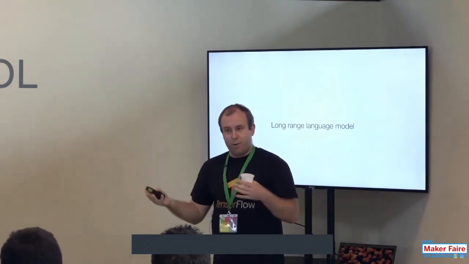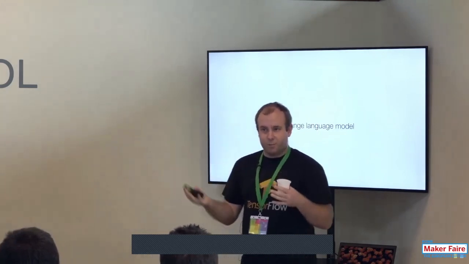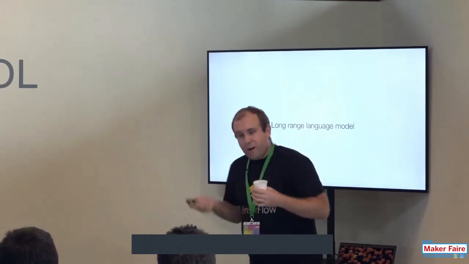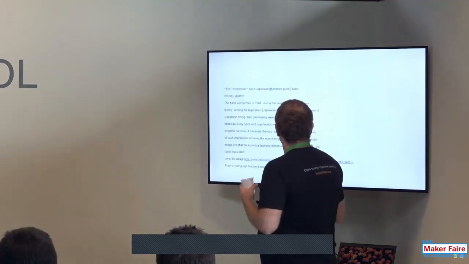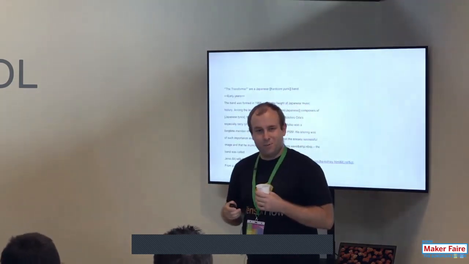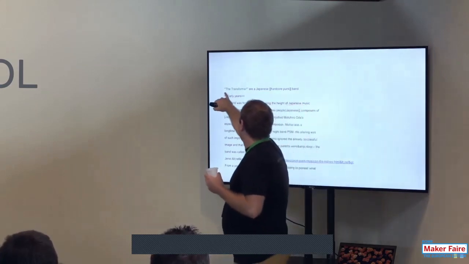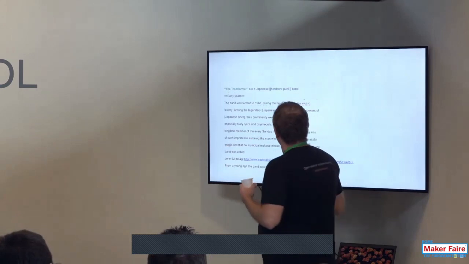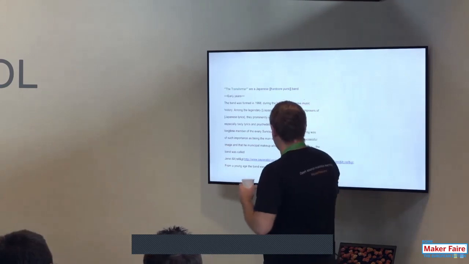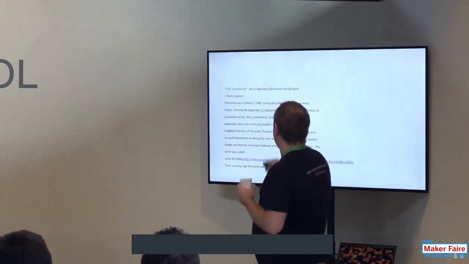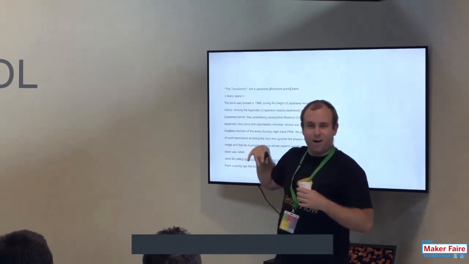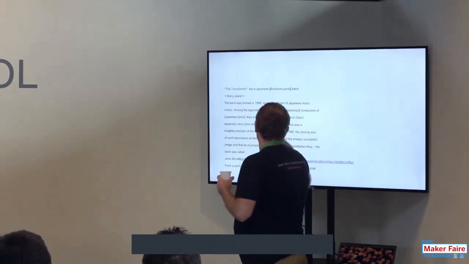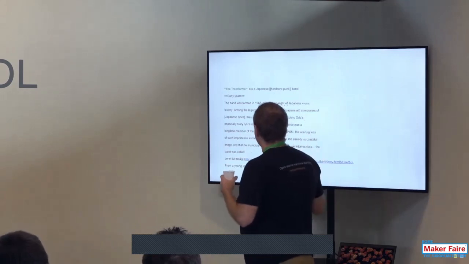Since it's a model, it's probabilistic. So it's a probability distribution over various articles. But we trained one, and this is what it generates. So the only thing it's conditioned on is the title, which is the Transformer, because that's the name of our model. So let's see, the Transformer are a Japanese hardcore punk band, and it's trained on markup, so it generates markup too. And then it goes on. In the early years, the band was formed in '68 during the height of Japanese music history.